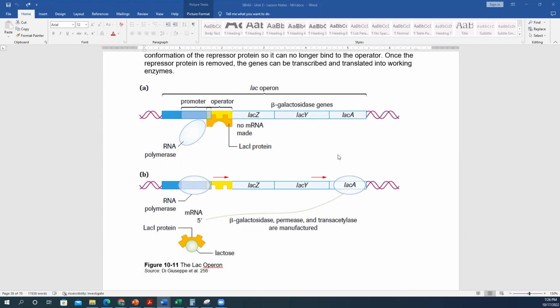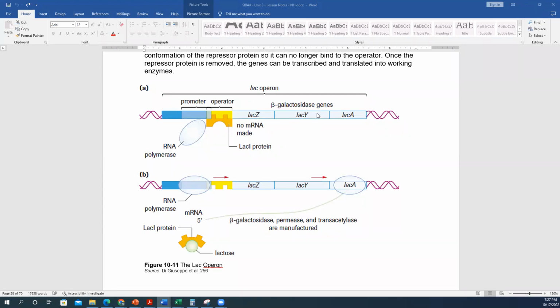These genes are called LAC-Z, LAC-Y, and LAC-A. Essentially, what you need to know is that LAC-Z codes for an enzyme, beta-galactosidase, which is able to break down lactose.